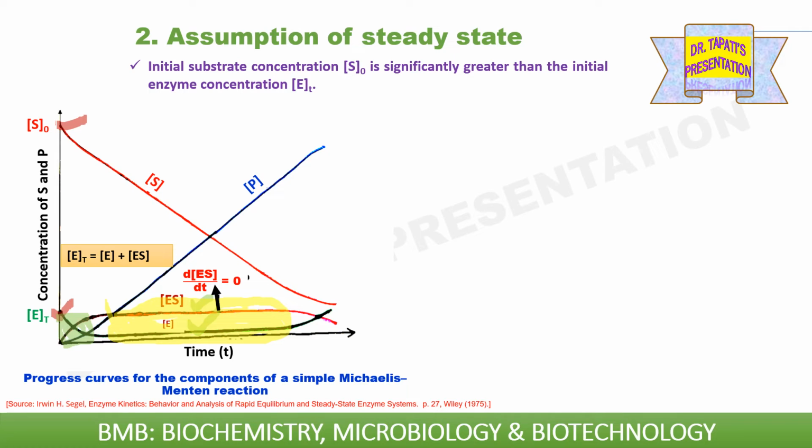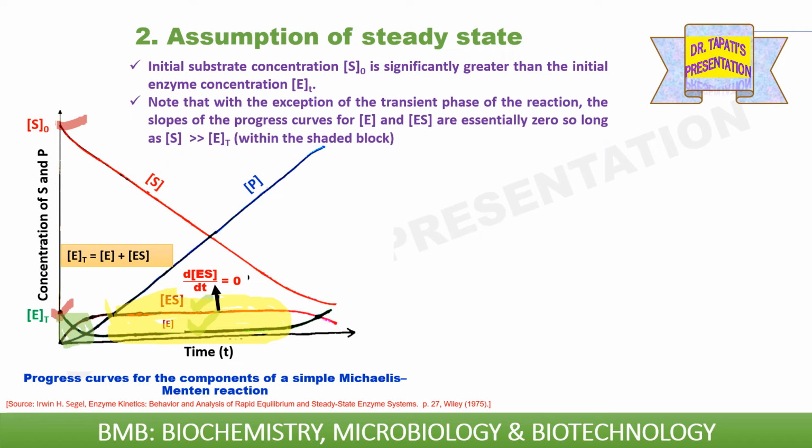There is no change in ES concentration, and no change in E concentration, with time. Slopes are essentially zero so long as substrate concentration is much greater than enzyme concentration.